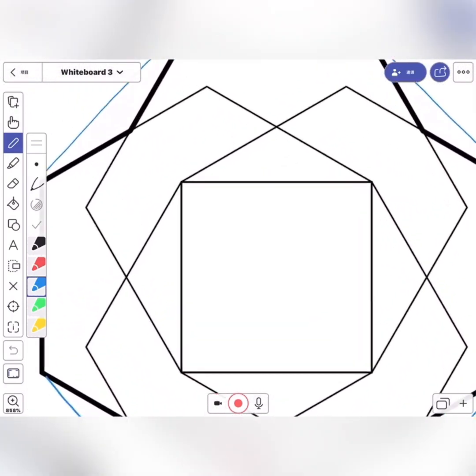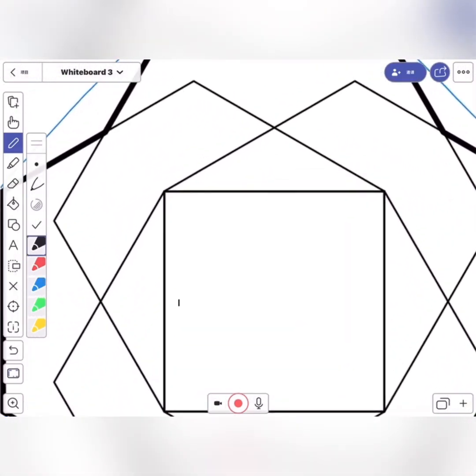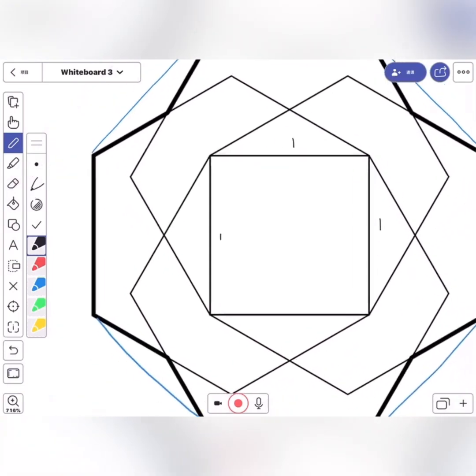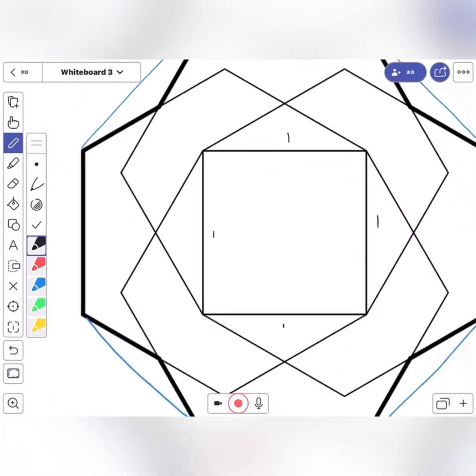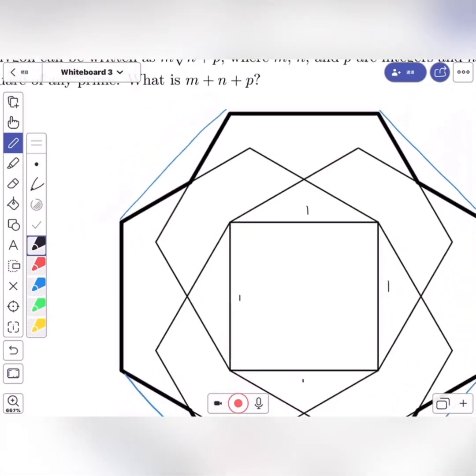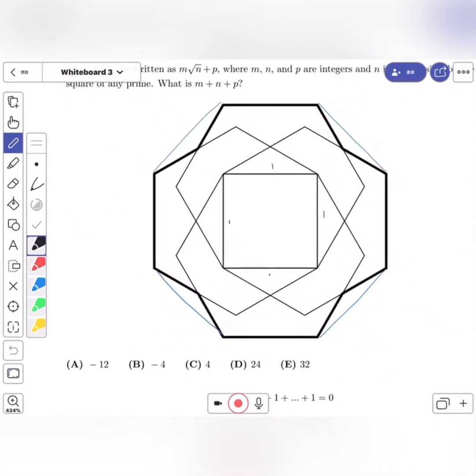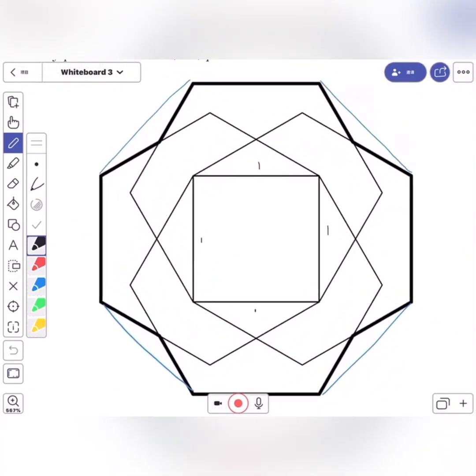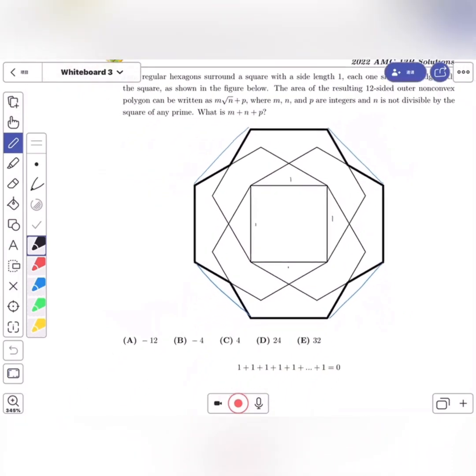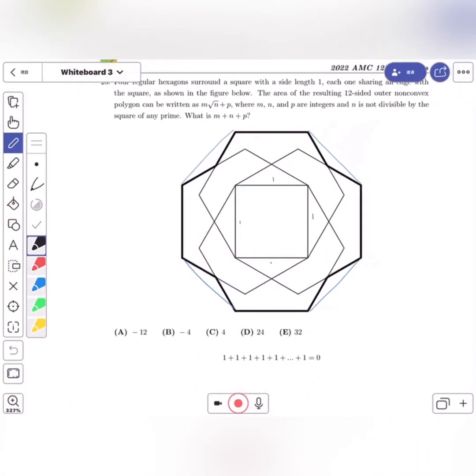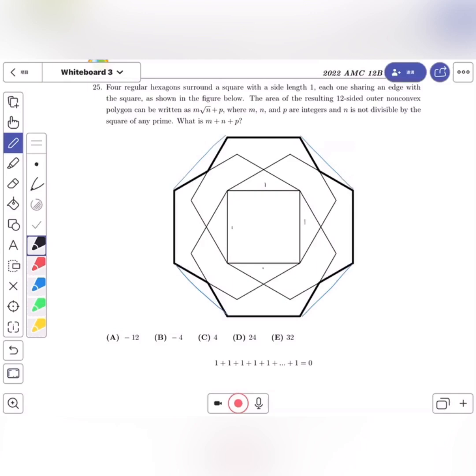So now we know that the square has side length 1. And we can also see that these 4 octagons are actually all with side length 1. Okay, but how are we going to proceed? Now we can see that this octagon is also symmetrical.